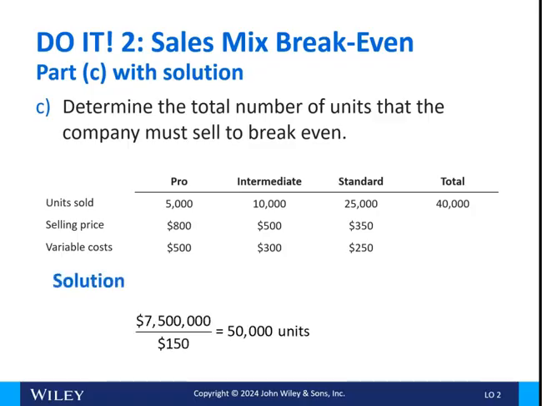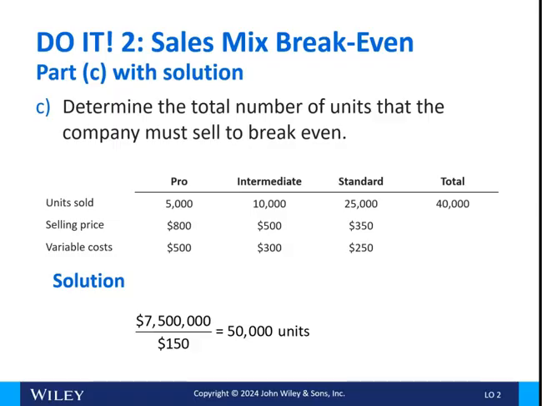That is our $7,500,000 of fixed cost divided by our $150 weighted average unit contribution margin that we just calculated. So 50,000 units that we need to sell in order to break even, which is more than our 40,000 that we're showing.